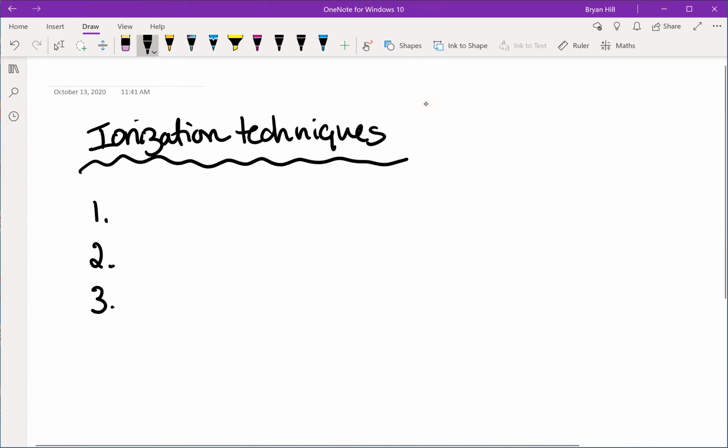Okay, right. So there were the desorption varieties. This would be SIMS, FAB, and MALDI.